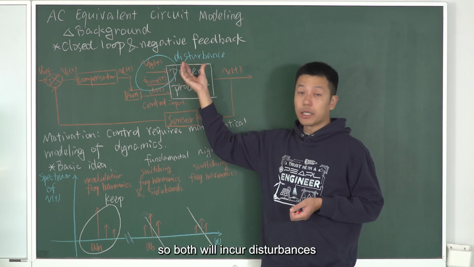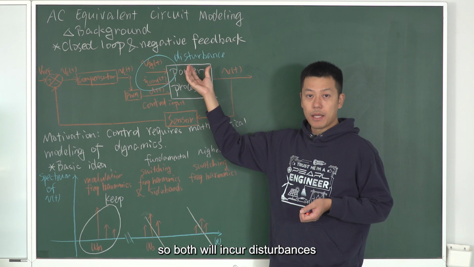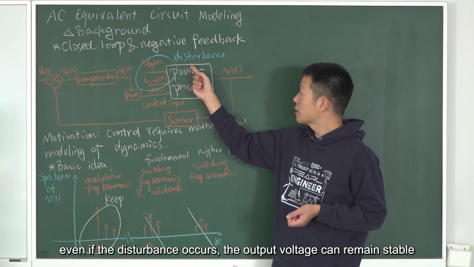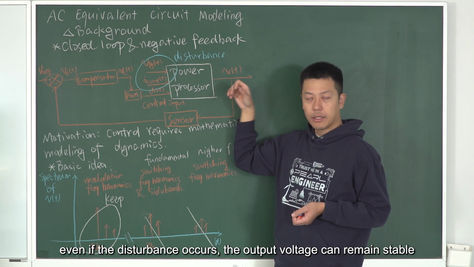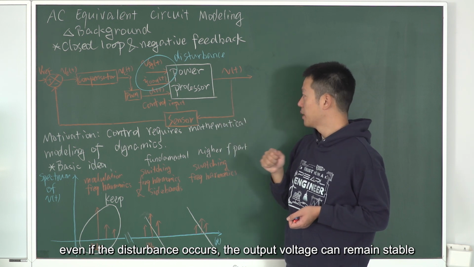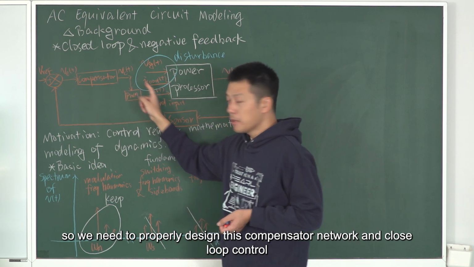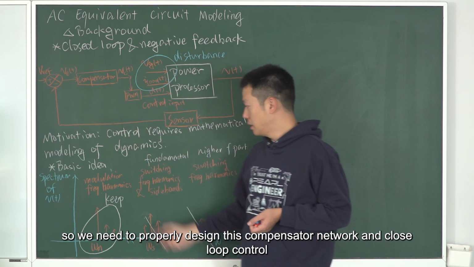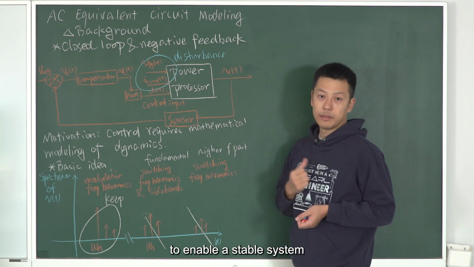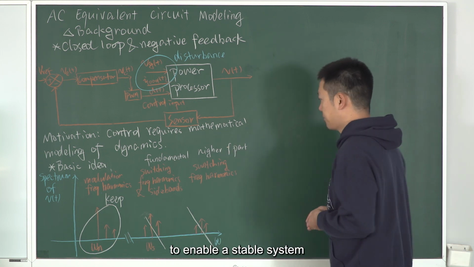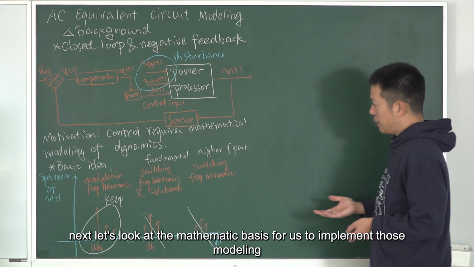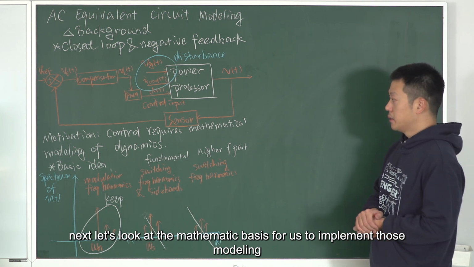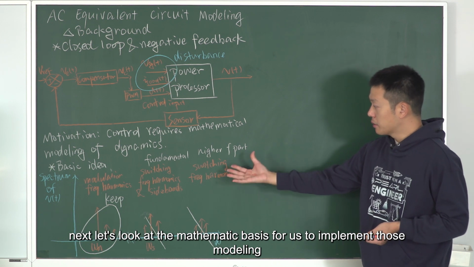So both will incur disturbances. But we want to ensure that even if the disturbance occurs, the output voltage remains stable. So we need to properly design this compensator network and closed loop control to enable a stable system. Okay. Next, let's look at the mathematical basis for us to implement those modeling.